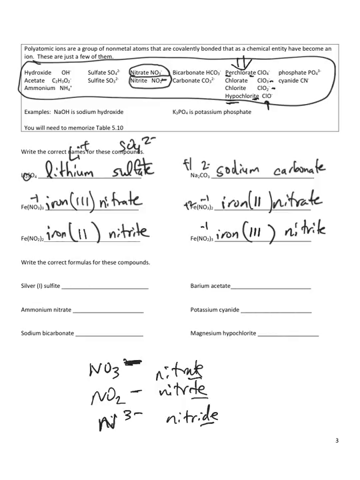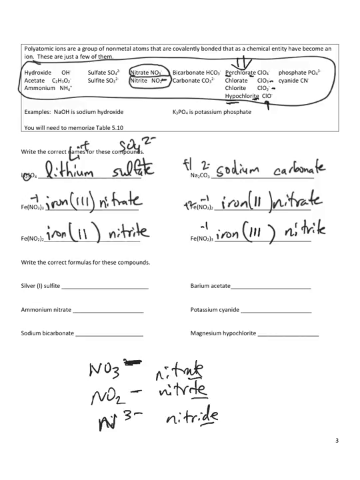I know this is confusing. It just takes practice and sitting down and thinking through these. You really need to memorize this chart, because you'll be having to write chemical formulas and chemical names and recognize them, not just in this course, but in every subsequent chemistry course that you take.